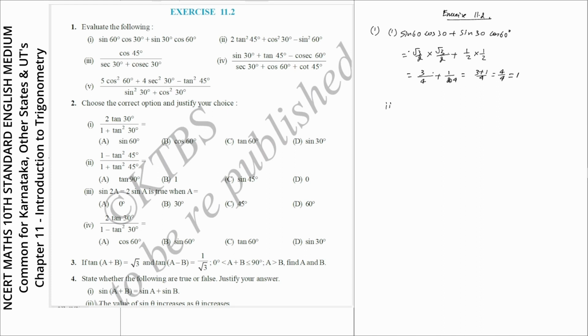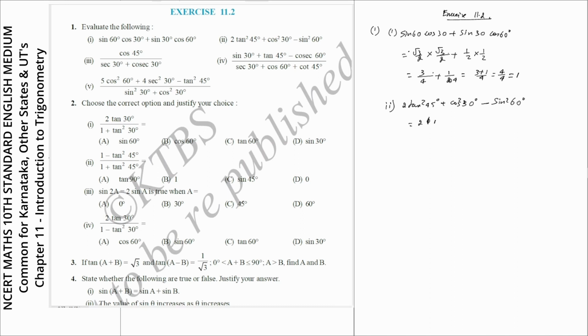So second sub question is 2 tan square 45 degree plus cos square 30 degree minus sin square 60 degree. So this is equal to, now what is the value of tan 45?